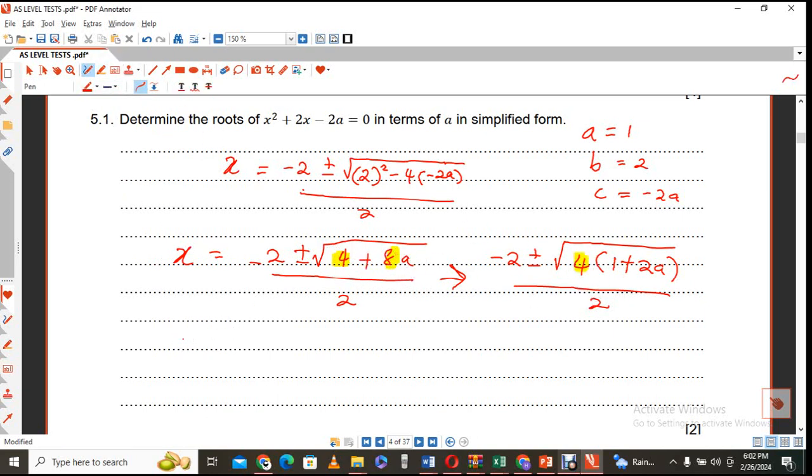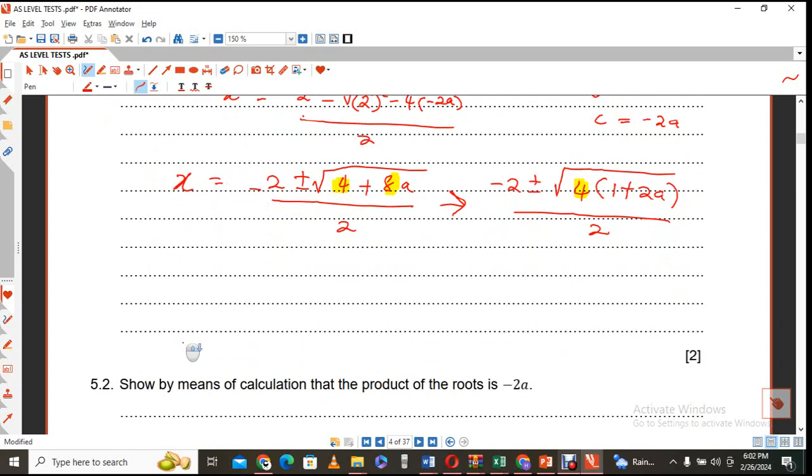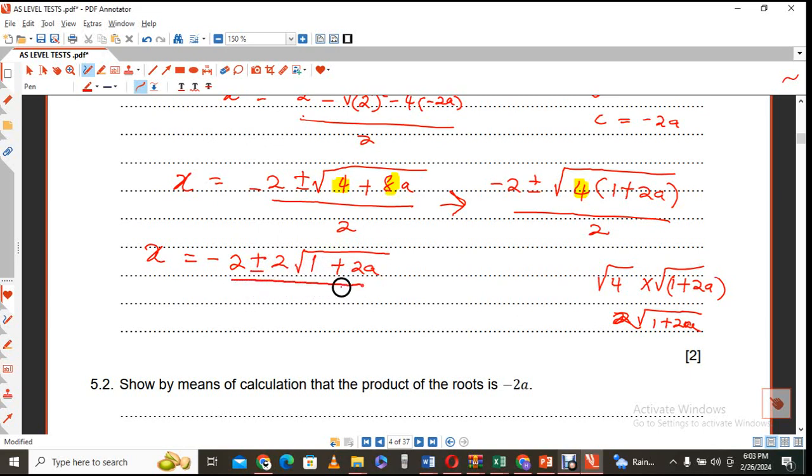Good. From here on, remember, a scenario like this means the square root of 4 times the square root of 1 plus 2a. So basically, this gives me 2 times the square root of 1 plus 2a. I just want you to see what I'm doing at this part. So x equals minus 2 plus or minus 2 times the square root of 1 plus 2a, everything over 2.